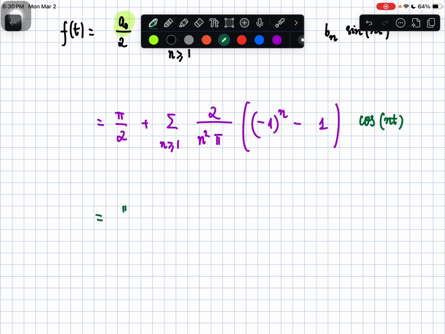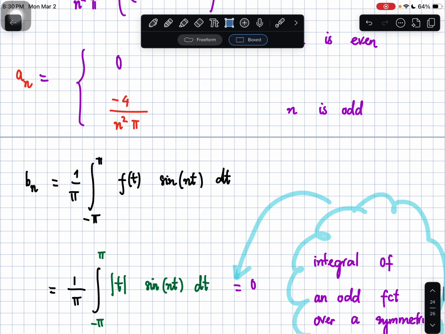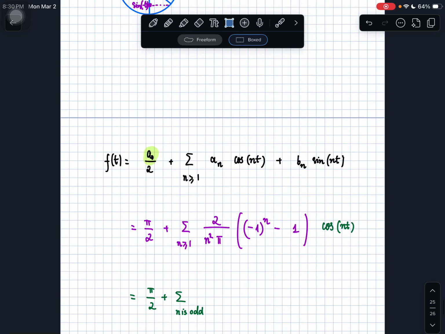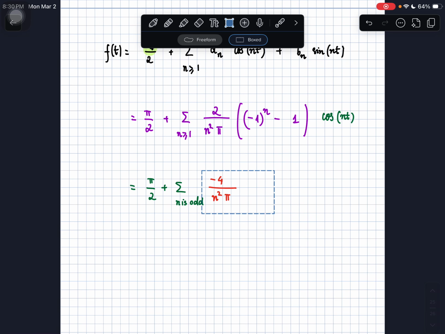Pi over 2 plus, for n odd, the odd term, minus 4 divided by n squared pi, cosine nt.